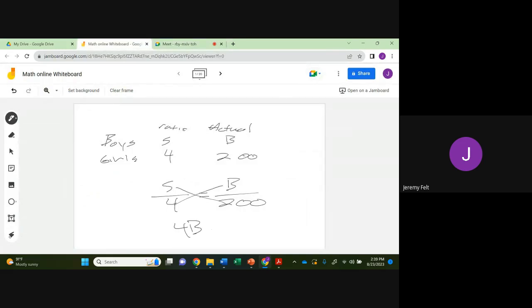B equals 5 times 200, which is 1,000, and we divide by 4. So we end up with 250.